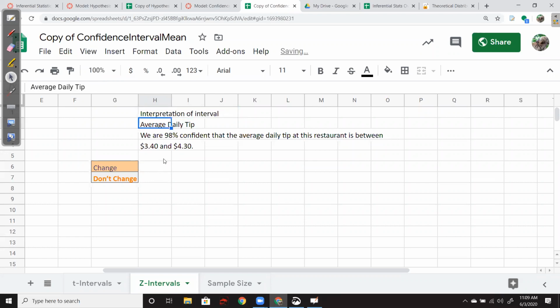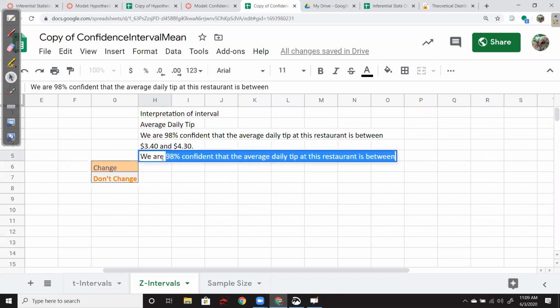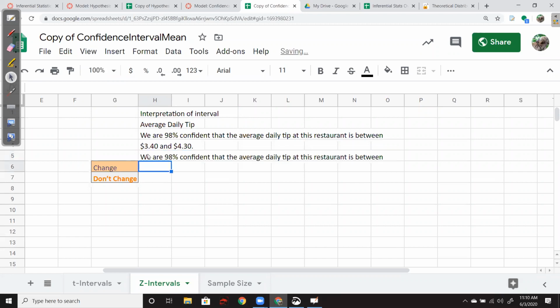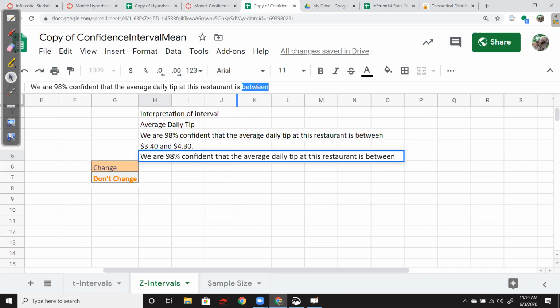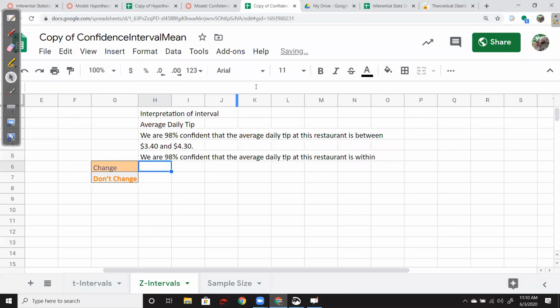Another way I could state that, just for fun, is we are 98% confident, and I want most of that, but not all of it. Instead of between, I could say within, and then I would state the margin of error in the middle.